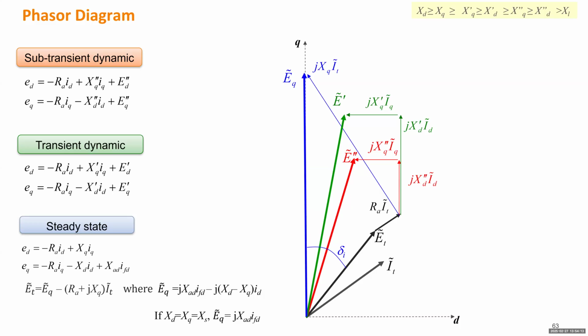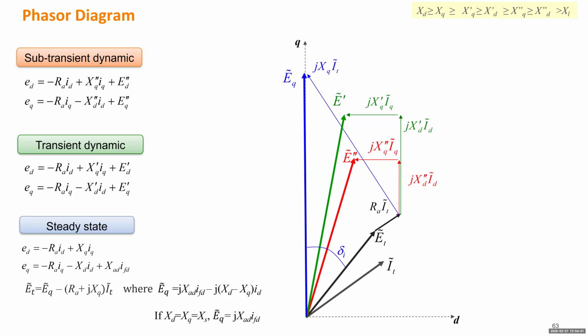To draw another one, we want to consider a more general case, right? So it's not only round rotor. It can be a round or salient pole rotor generator. For a round rotor generator, maybe the SD, SQ are not exactly the same. So here we have to consider the current component separately in the D and Q axis.